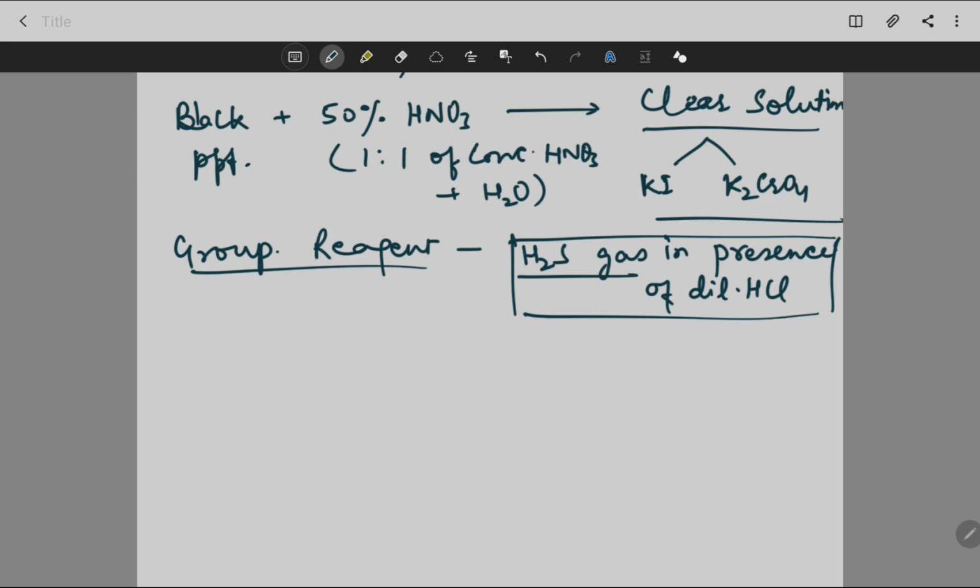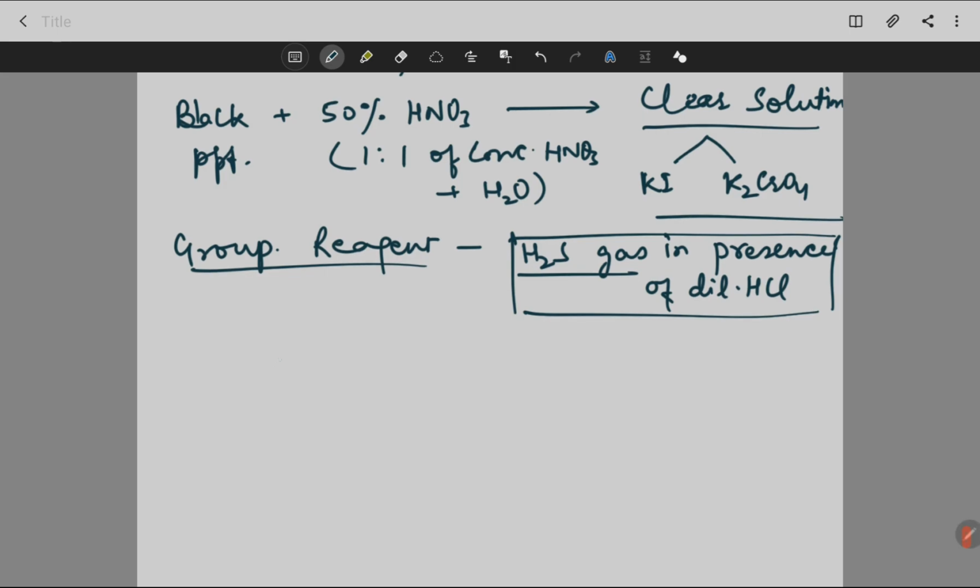What is the significance of passing H2S gas in presence of dilute HCl? Just to have the common ion effect. Because of the common ion effect, the solubility product of the sulfides obtained here will be low, and that is how lead sulfide, or copper sulfide, or cadmium sulfide can be precipitated. So what is happening here? H2S is a weak electrolyte. When it is passed in presence of HCl, HCl decomposes to give H+ ion and Cl- ion, while H2S, a weak electrolyte, decomposes to give hydrogen ions and sulfide ions, right?